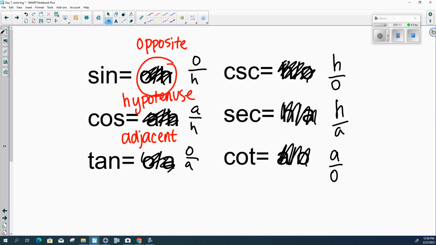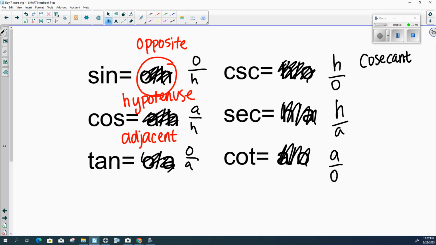It's just called more trig. So this one's called cosecant. So that's how you say this, cosecant.